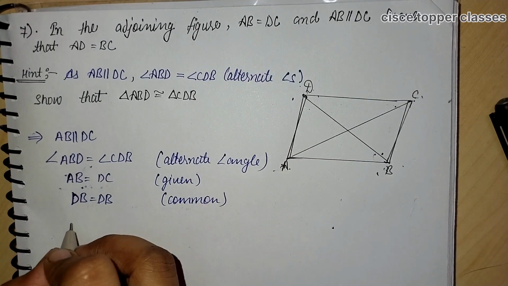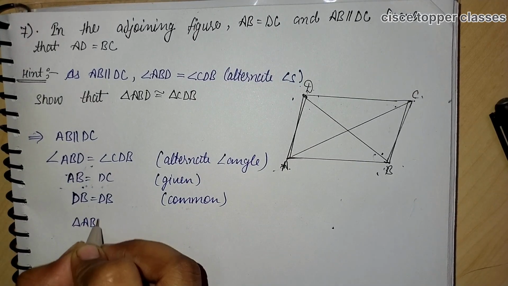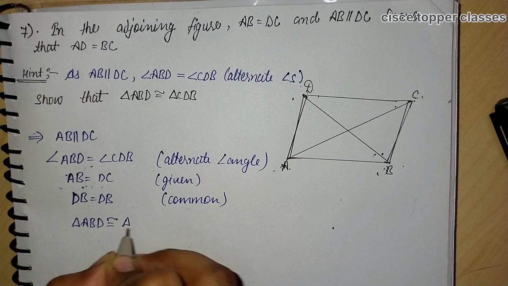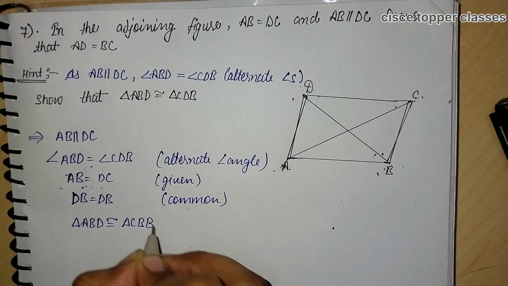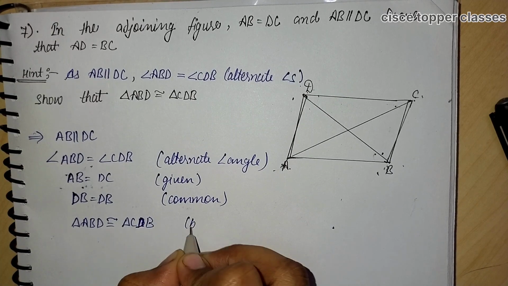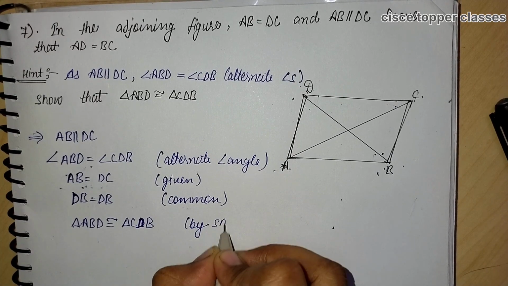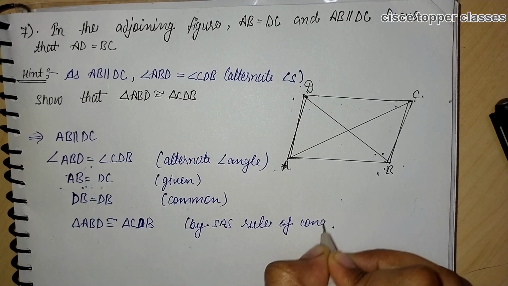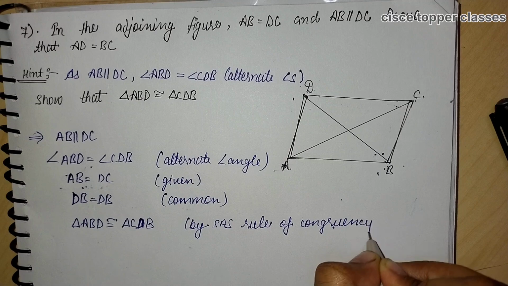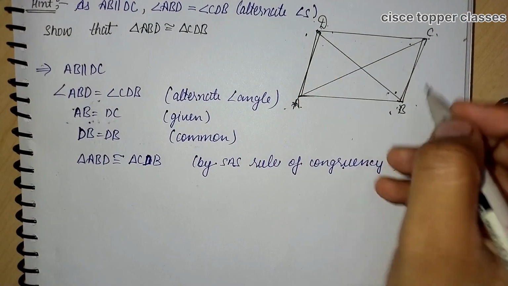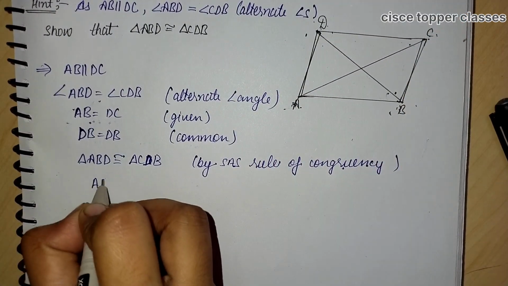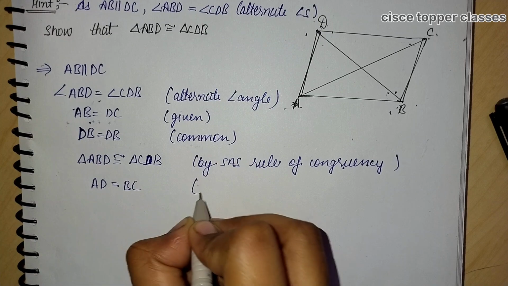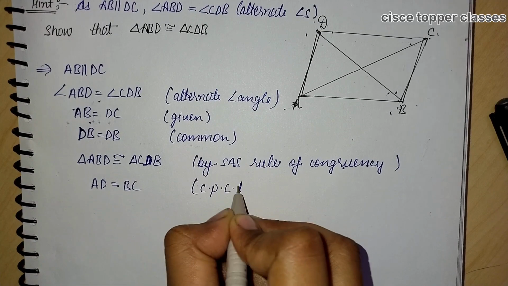So we can simply write it as triangle ABD is congruent to triangle CDB by SAS rule of congruency. So from this congruency we can prove that here this line AD and BC are equal in the triangle. So AD is equal to BC from CPCT.